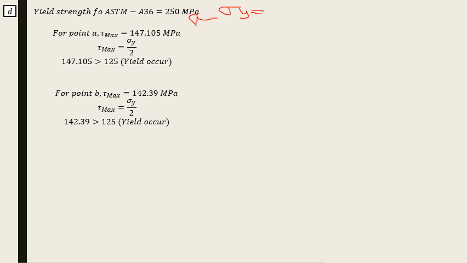We know that tau max is equal to this, 147. Using the maximum shear stress criteria, tau max is compared with sigma y over 2. If tau max is greater than sigma y over 2, then the yield will occur. But if tau max is less than sigma y over 2, the yield will not occur.